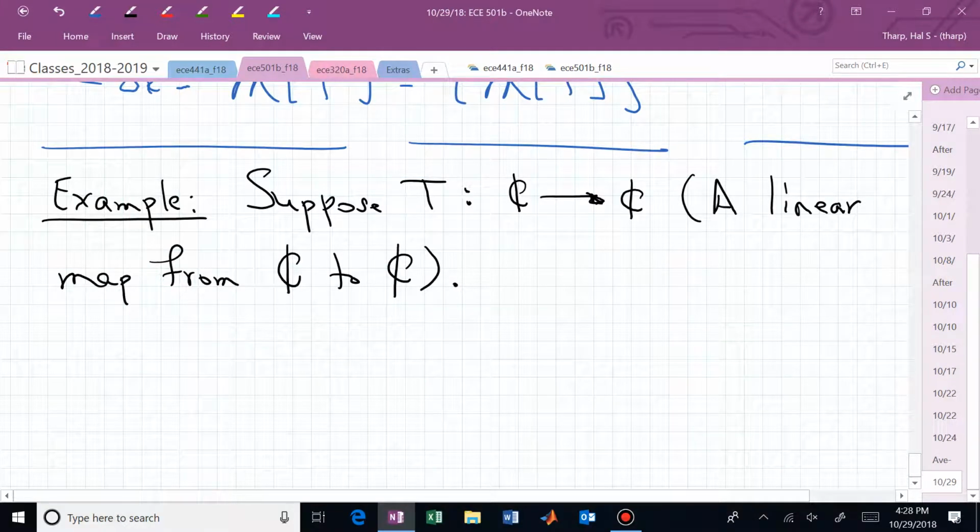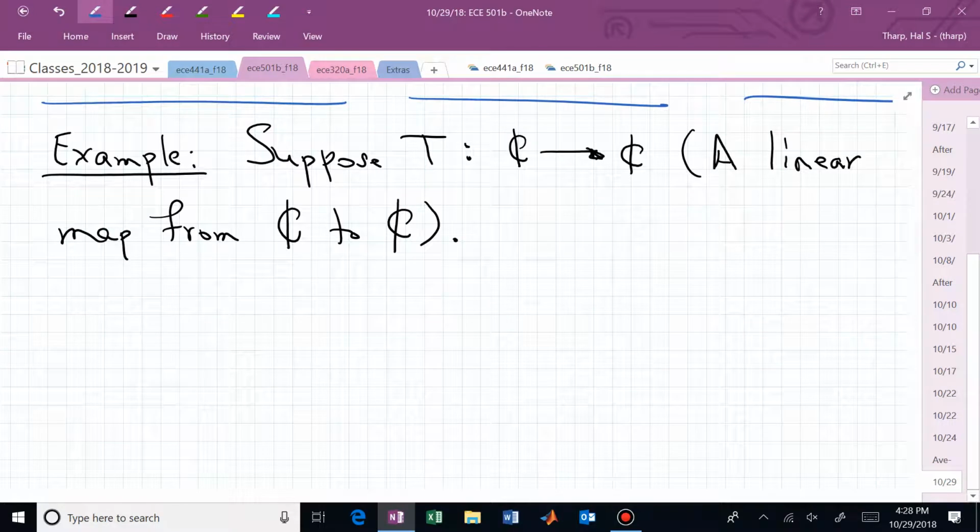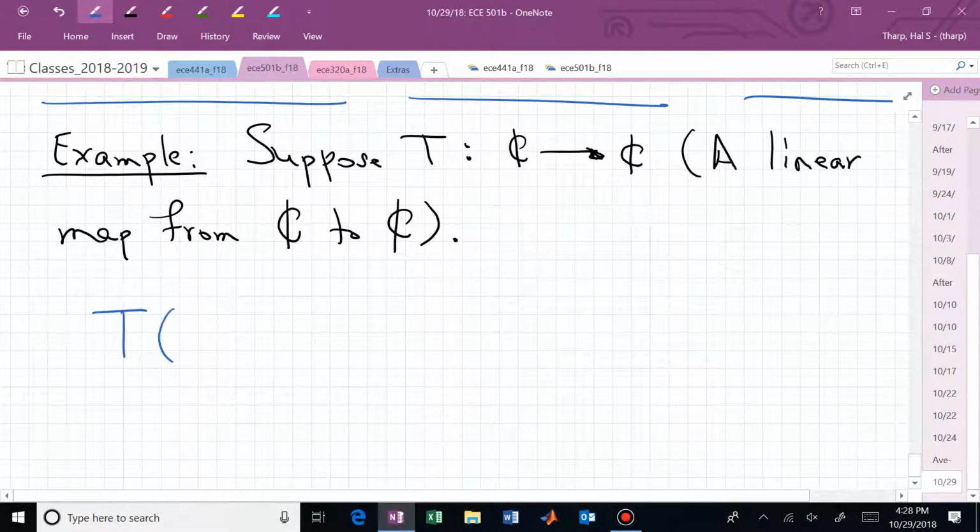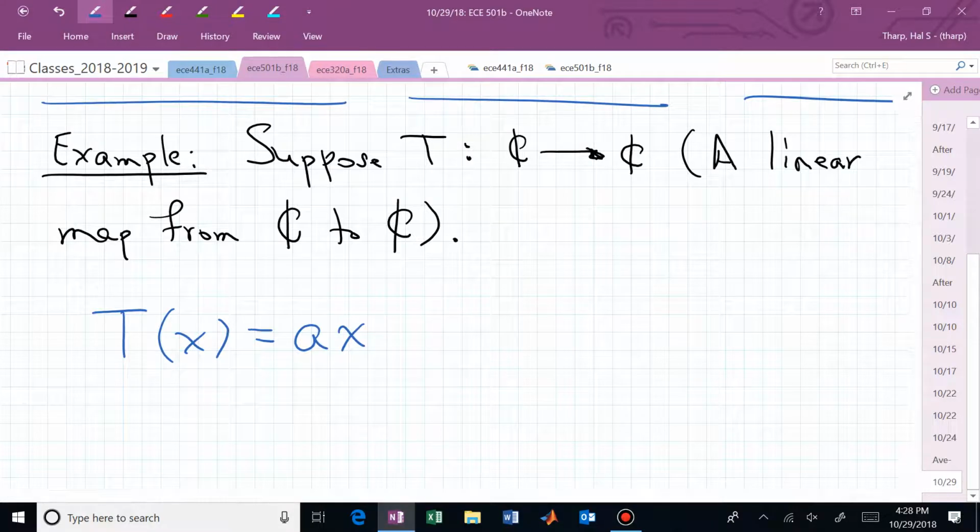Okay? Suppose that I now say that I have T applied to a vector x. And let's just make it as basic as the map is now just going to scale that vector by a complex scalar a.